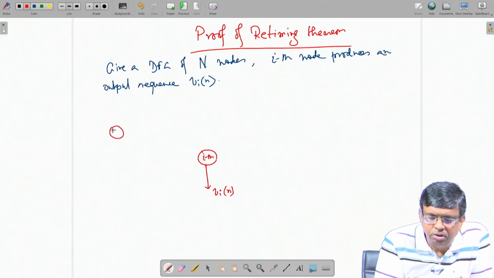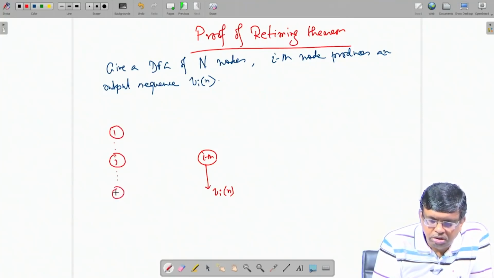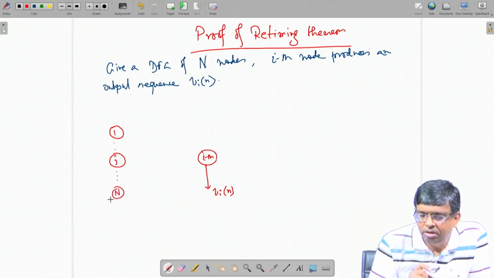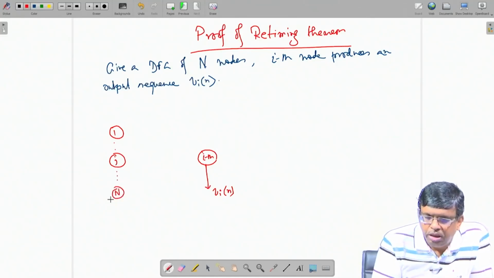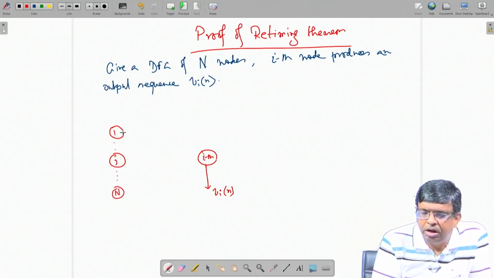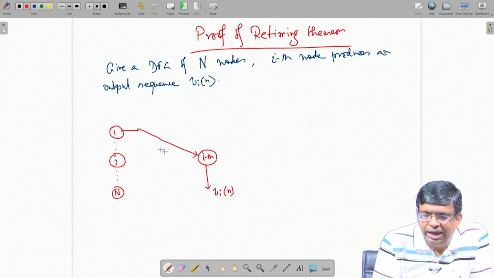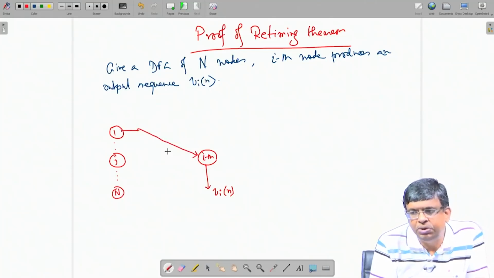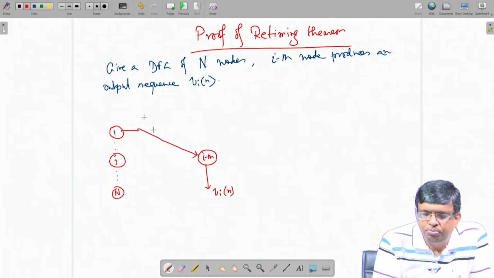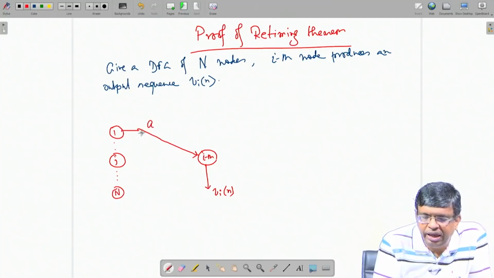I write separately, node 1 dot dot dot node j dot dot dot node n, all right. There may or may not be a connection from node 1 to node I. To be general, I make provision for a connection edge. Again, if there is an edge, there may be 0 delay or some delay. So, I keep a provision of some delay A.